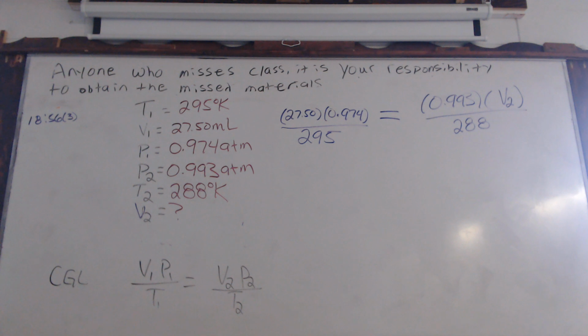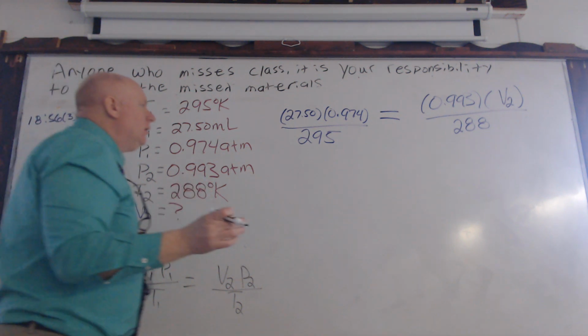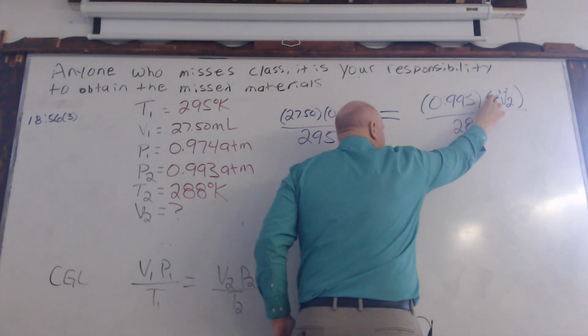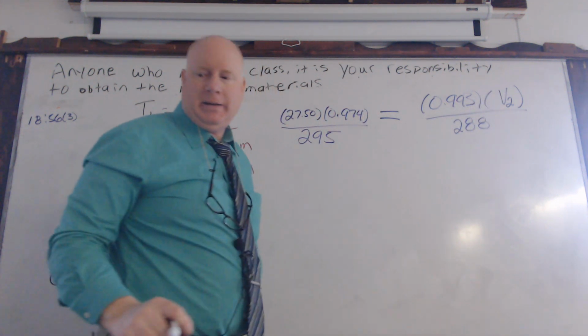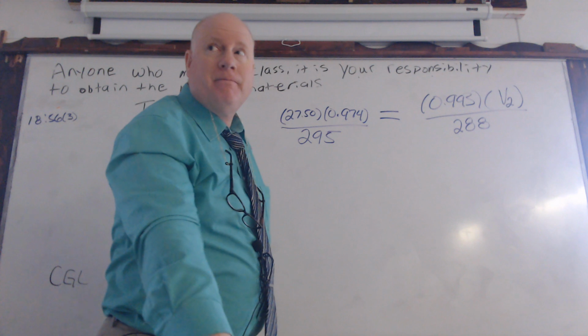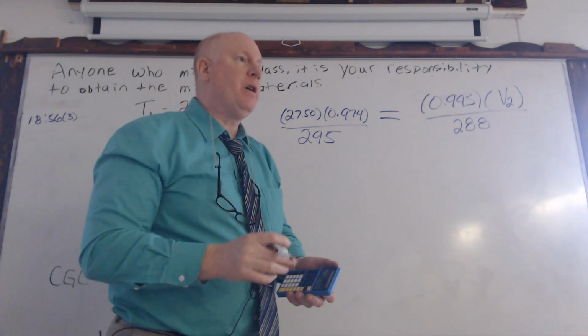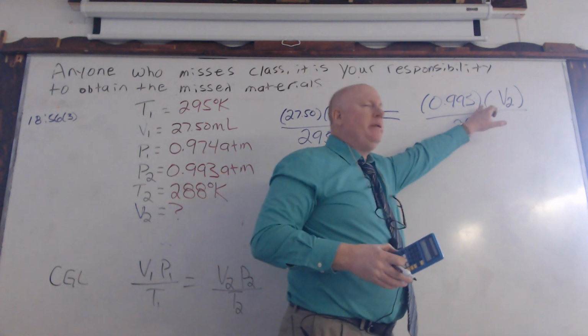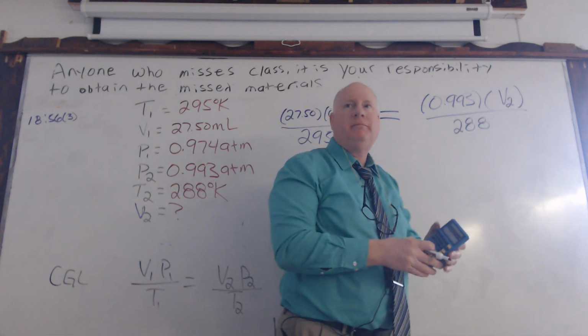What we could do is this. If you take a number times a variable, it gives you that number and the variable.